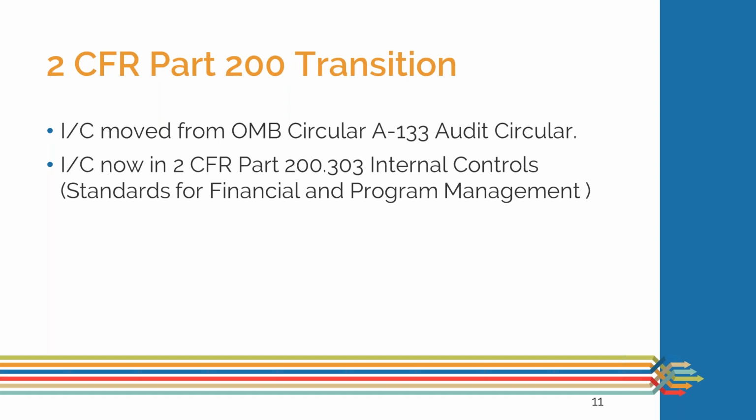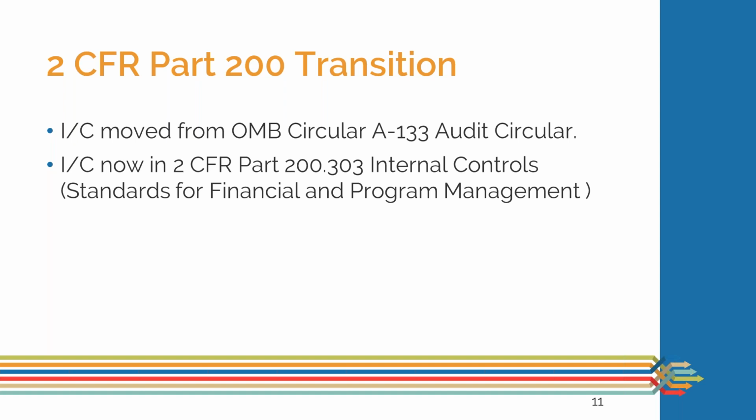Internal control started out in the old circulars under the audit circular, so A133. And in that fact, it typically was that the auditors would go back and make sure that your internal controls were set. And they would primarily do that with your policies and procedures, primarily your financial policies and procedures. And that's where the 1B started.